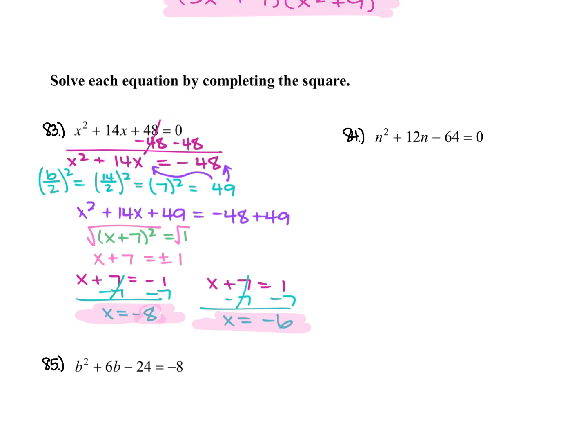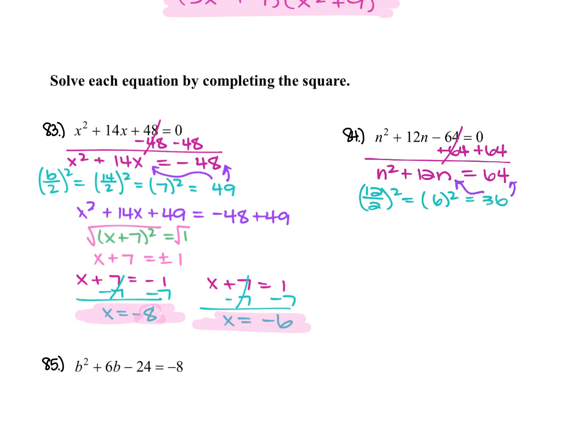Now for 84, you have n squared plus 12n minus 64 is equal to 0. For this one, we're going to move the 64 over, adding it to both sides. This gives you n squared plus 12n is equal to 64. Take your b, divide it by 2, and square it. That's 6 squared, which is 36. Add your 36 to both sides of your equal sign.